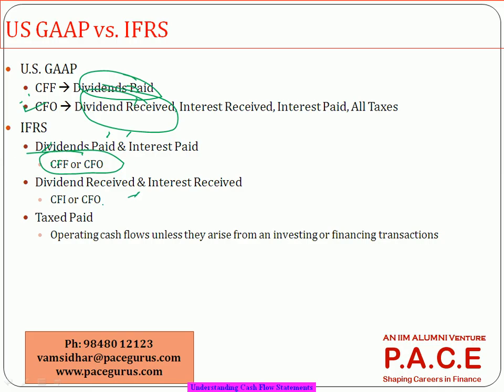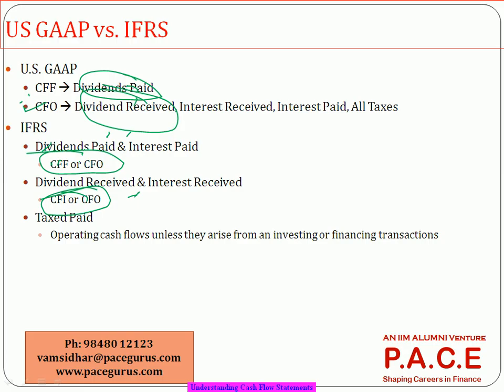Whereas anything to do with receipts, dividend received, interest received, whatever you are receiving, you can show as cash flow from investment, because you have invested and you are receiving something. So it could be shown as part of cash flow from investments or operations. So anything can be shown under operations, but receipts are shown under investments, payments can be shown under financing.